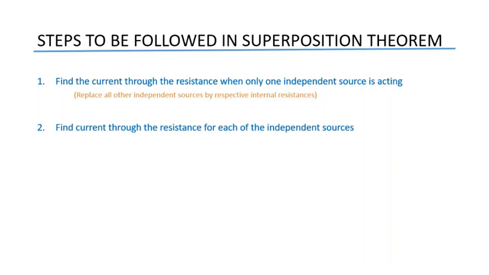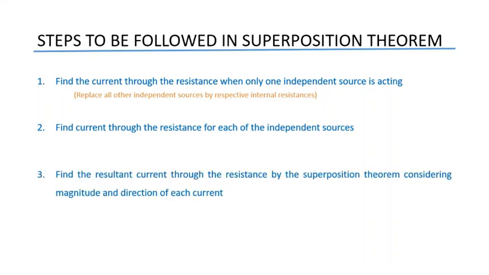The second step is find the current through the resistance for each of the independent sources. Then the third step is find the resultant current through the resistance by the superposition theorem, considering the magnitude and direction of each current. Not only the magnitude, but direction should also be considered.